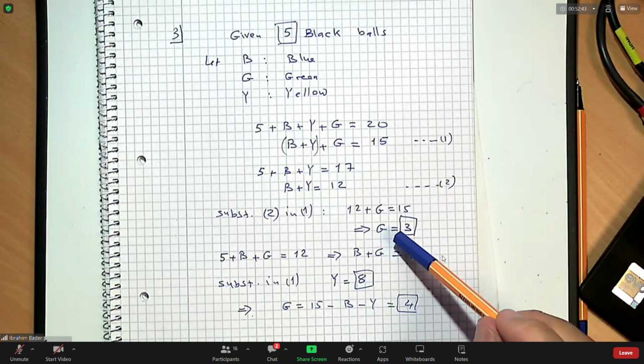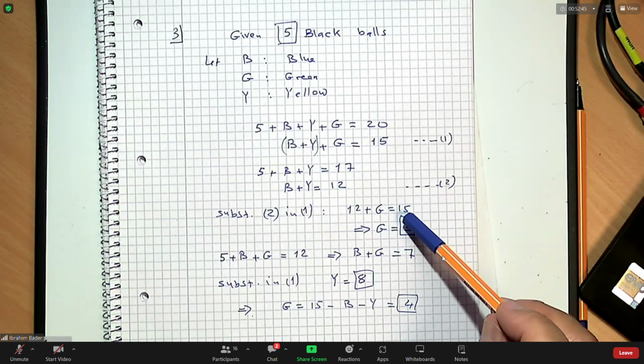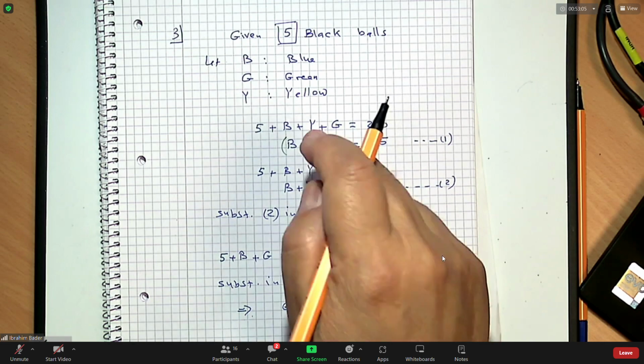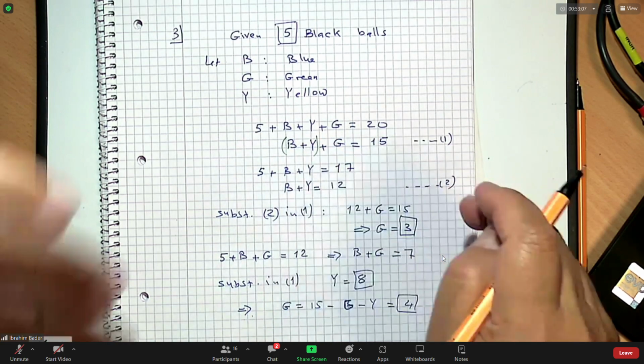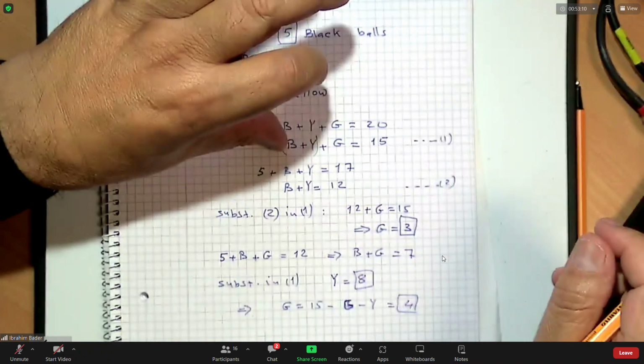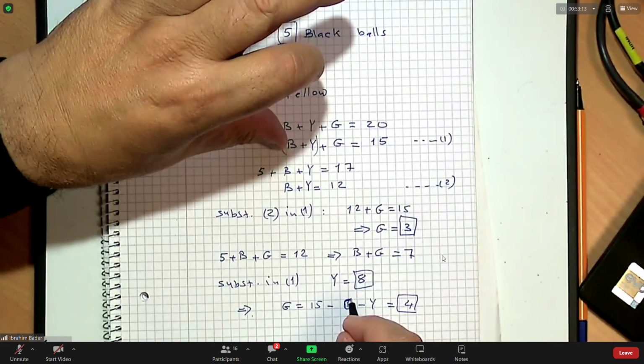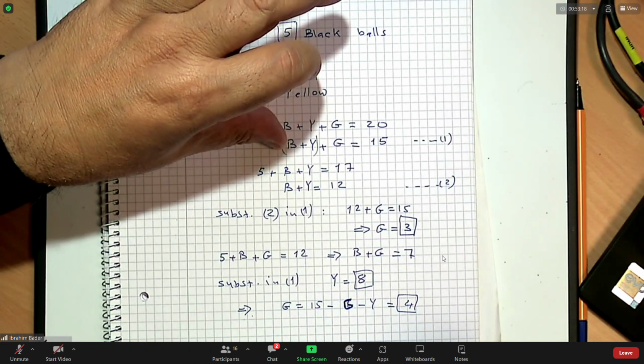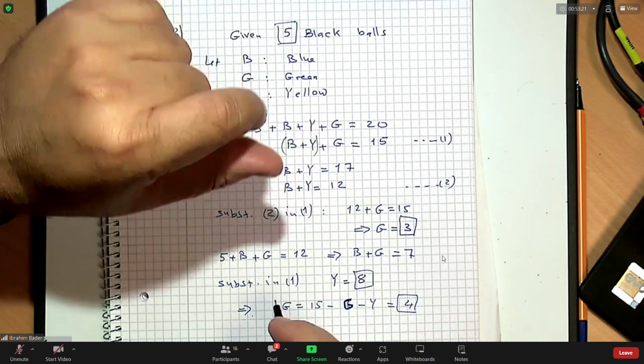And how many blue we evaluated here? Yellow, blue, yellow, green. So the blue is 15 minus green minus yellow. Okay, so 15 minus 3 minus 8, which is 4. And this is blue.